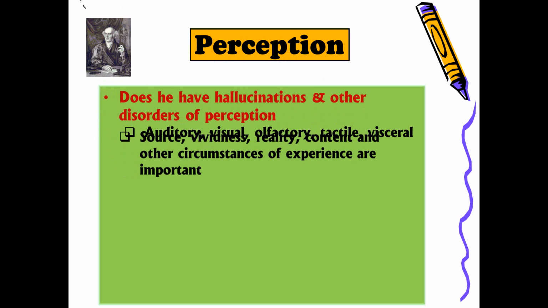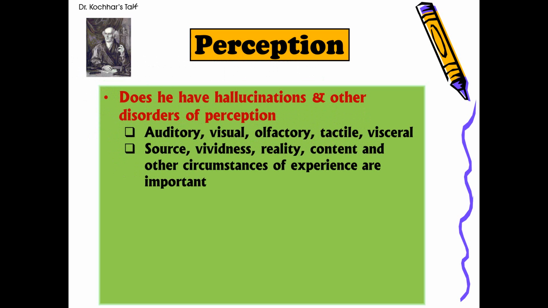Does he have hallucination and other disorders of perception? Disorders of perception means all hallucinations: auditory, visual, olfactory, tactual and visceral hallucinations. Then source. What is the source? Vividness, clarity, reality, content and other circumstances of experience with respect to this perception are very important.